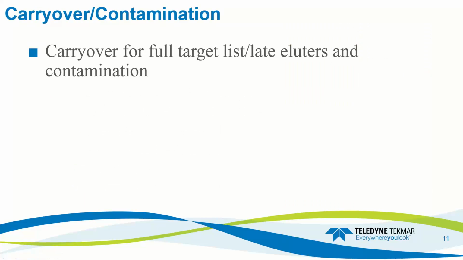So carryover is not just for those late eluters. It could be for your full target list, and contamination can be anything present in the sample that you're not specifically looking for. In order to track down where this is coming from, you want to run a GC-only run.